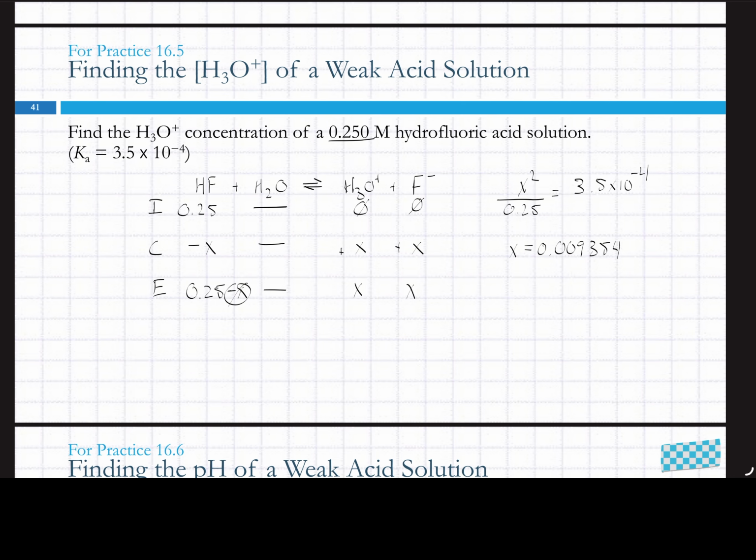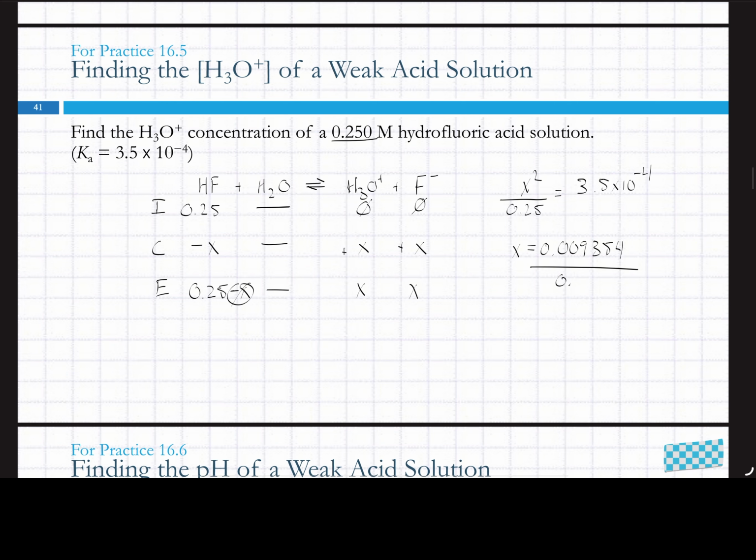And then we want to check and make sure that our small x approximation is valid. So divide that by 0.25, times 100. And that's 3.7%. So that's good.